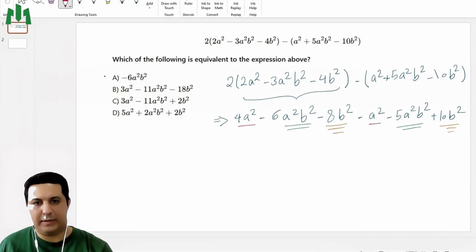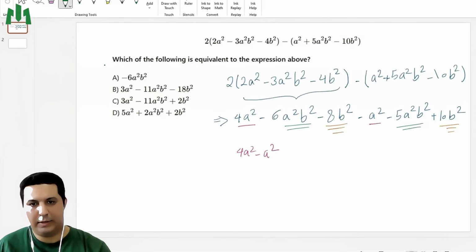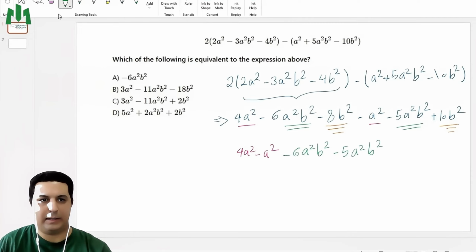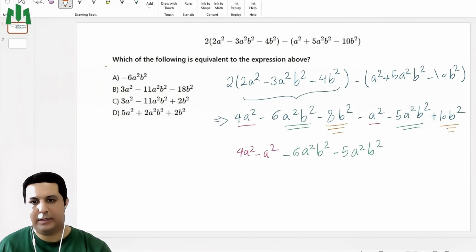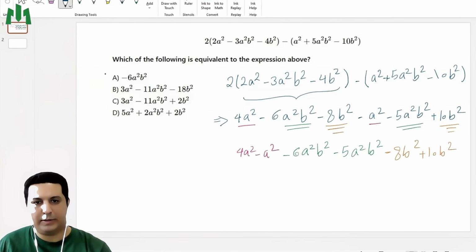So as you see here, for a2 minus a2, yes, the next one, minus 6a2b2 minus 5a2b2, and the last one is this, plus 10b2.